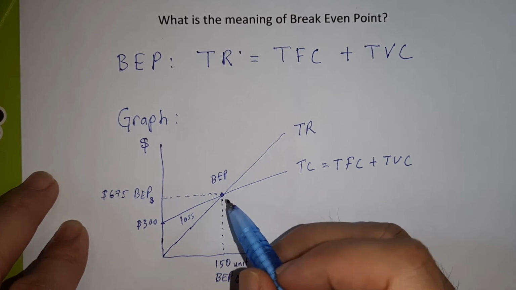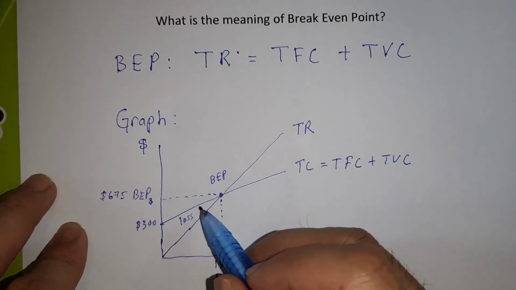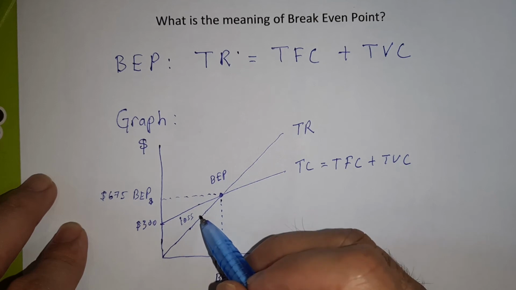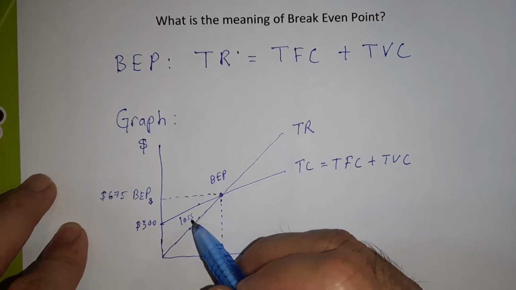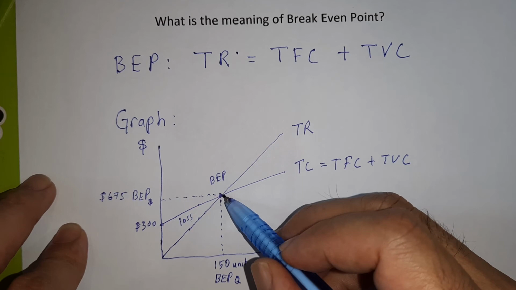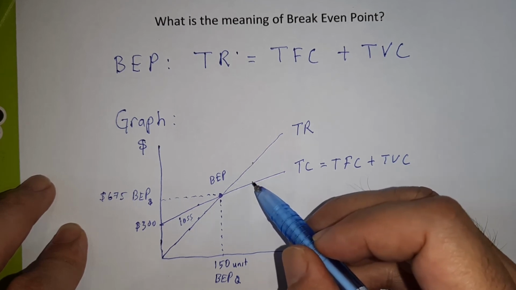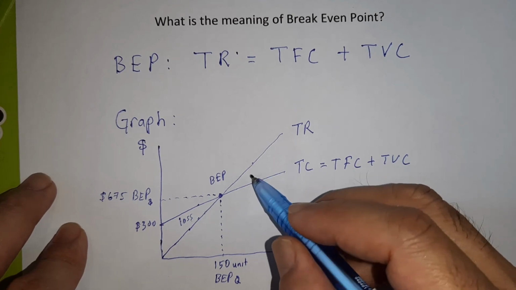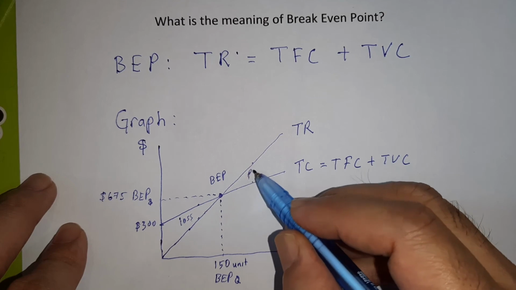Because before the break-even point, the line of total cost is higher than the total revenue. So total cost is higher than the total revenue, then the business is making a loss. After the break-even point, the total revenue is greater than the total cost. So in this area, the business will make a profit.